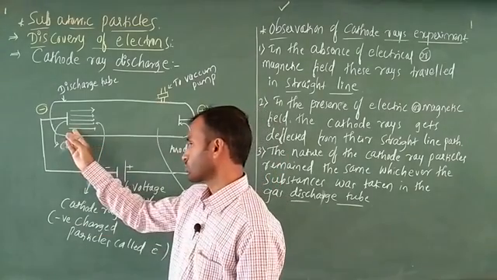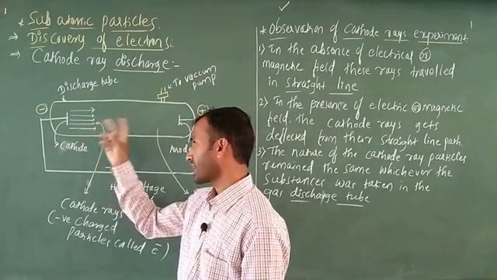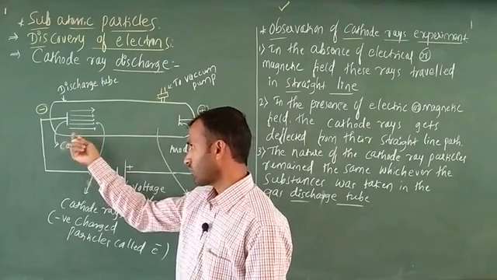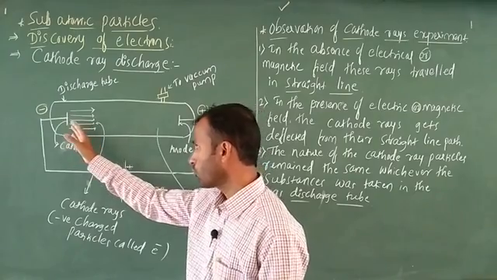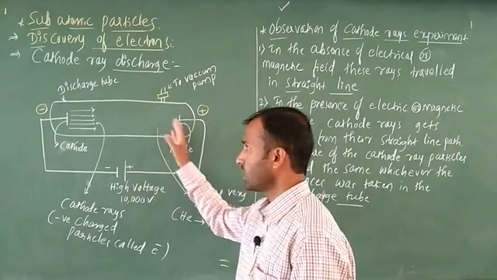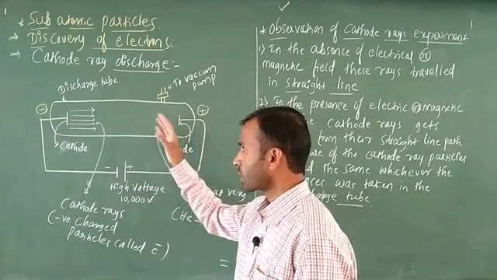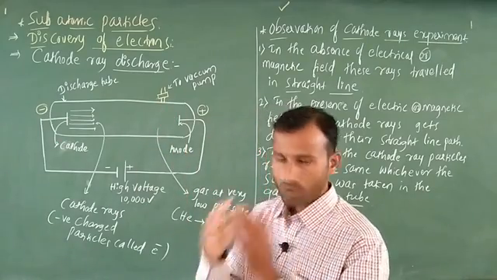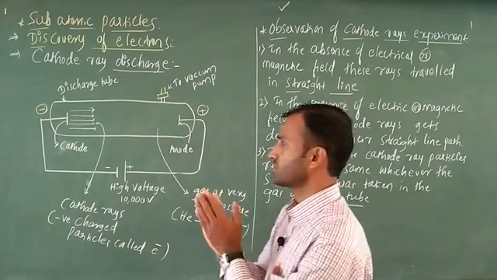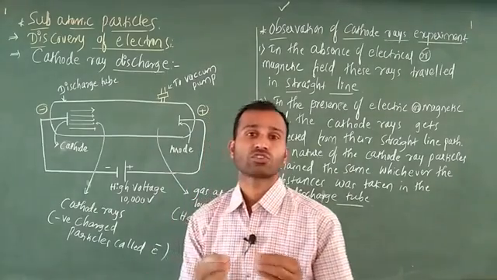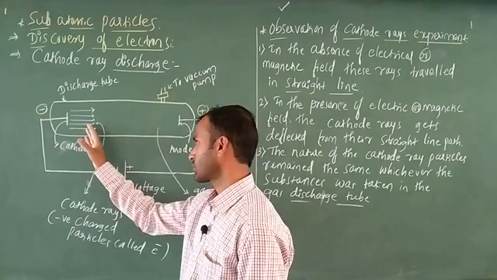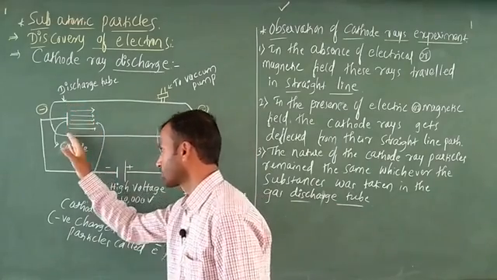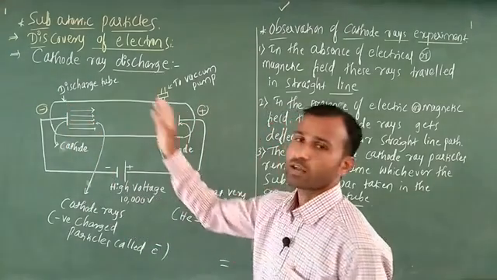The most important point in this case is the gas. It starts emitting a straight line that moves from cathode to anode. Since they move from cathode to anode, they come to the conclusion that these rays are negatively charged. They concluded that negatively charged rays move from cathode to anode, not anode to cathode.